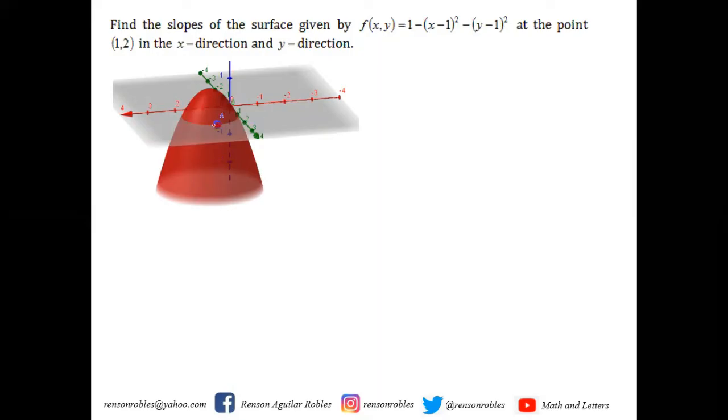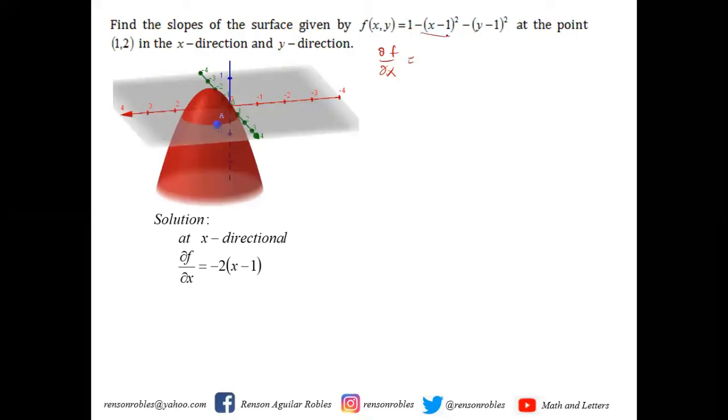And on this point, you can draw two tangent lines, the slopes of which we are going to look for. So since there are two tangent lines, there will be two slopes, one in the x direction and the other in the y direction. For the x direction, that means the partial derivative of f with respect to x. So differentiating f with respect to x, you just differentiate 1, that's 0.